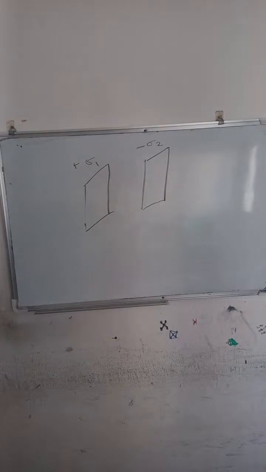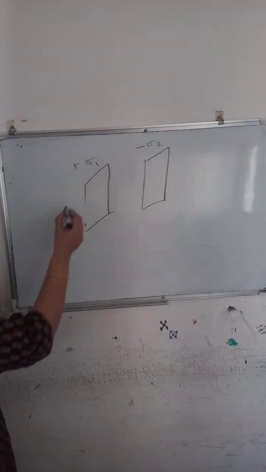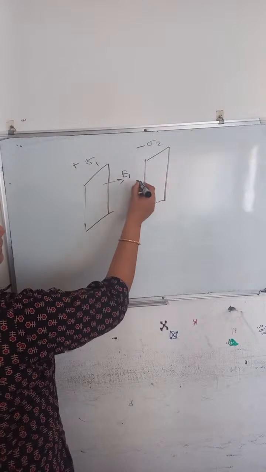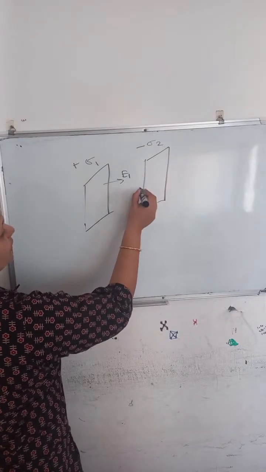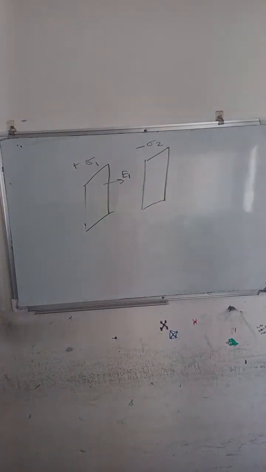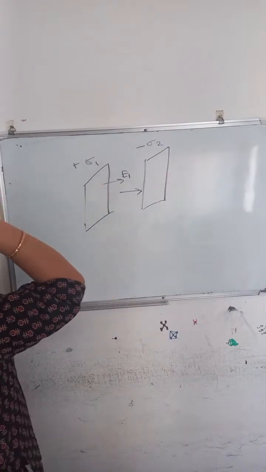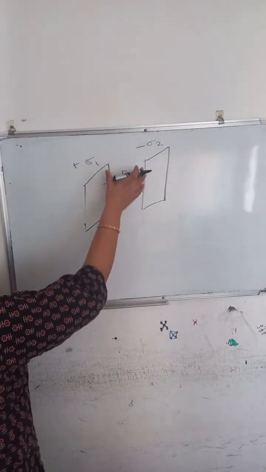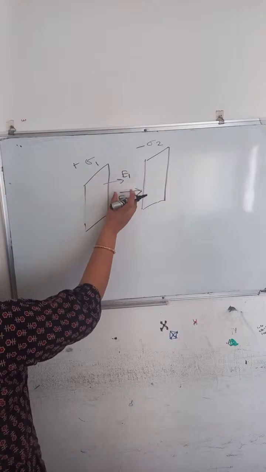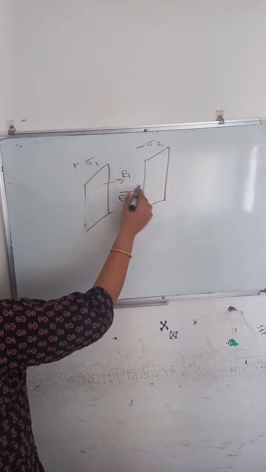Then electric field E1 and electric field E2, for plate 2, are in the same direction. So both electric fields get added in between the two plates.